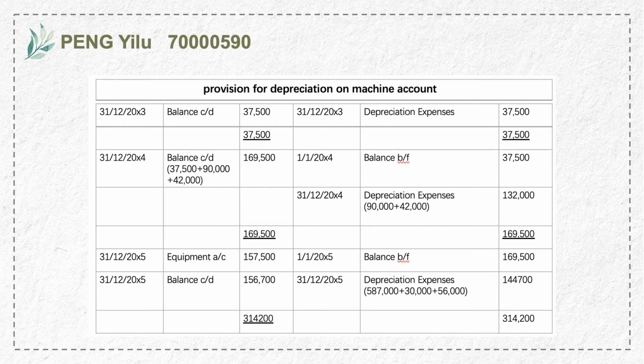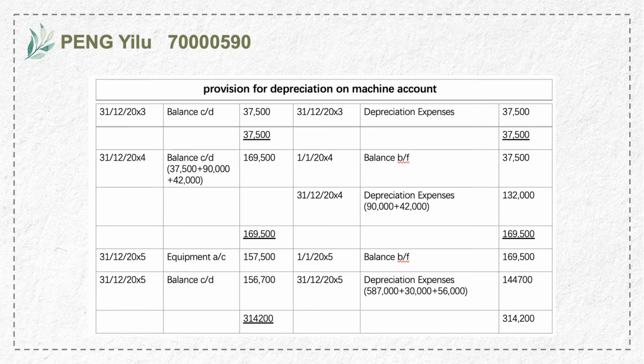And on 31st December 2000 X4 year, we need to write down depreciation expenses about 132,000. So we can add them up, it equals 169,500 about balance carry down.